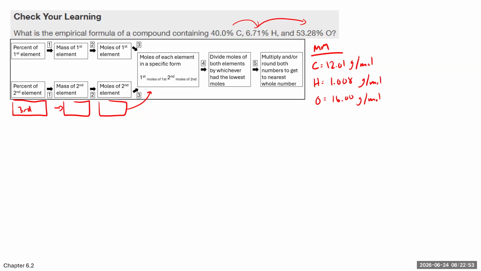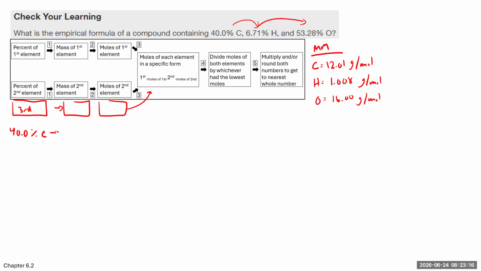Percent of first element. Again, we're just going to change the percent to grams. Let's just do it step by step so no one gets lost here, especially me.